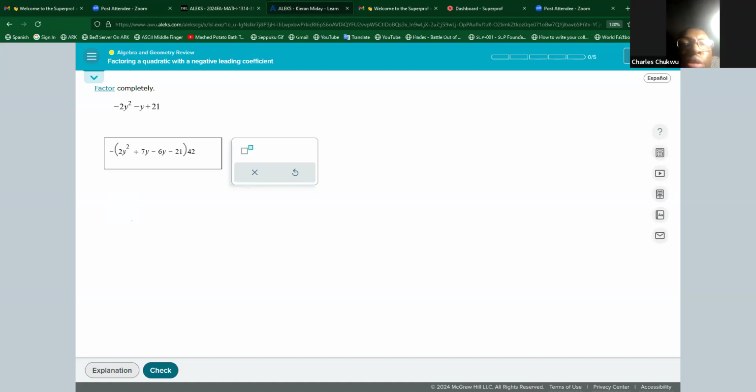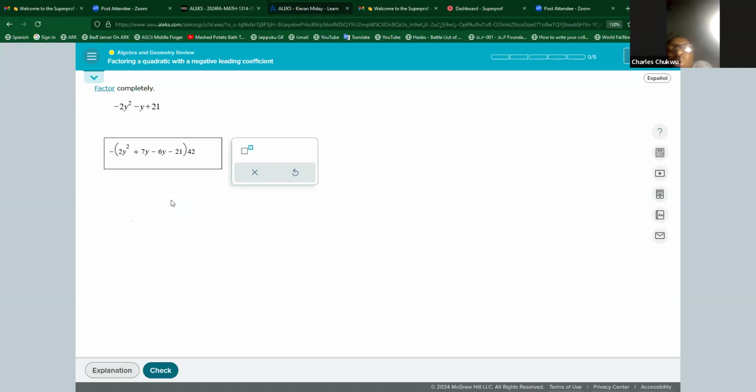So now, do you remember the factorization by grouping, right? We'll be factorizing by grouping now. So the first two terms, what's common there? I would say 2y and 6y are pretty common.